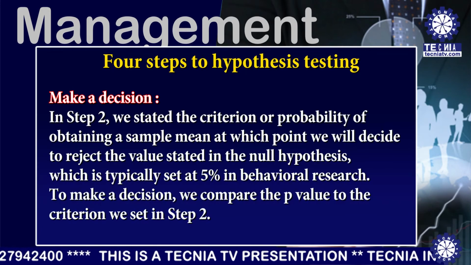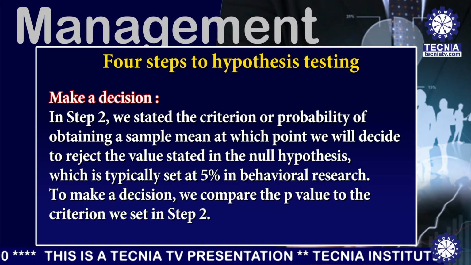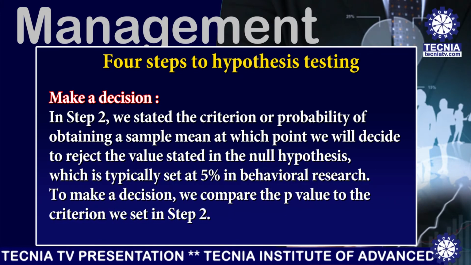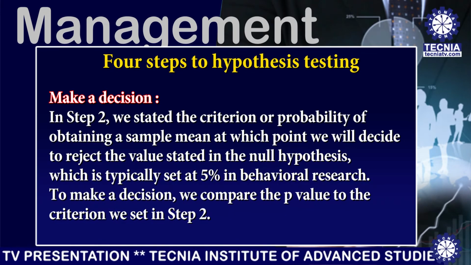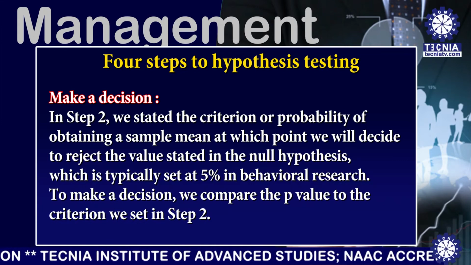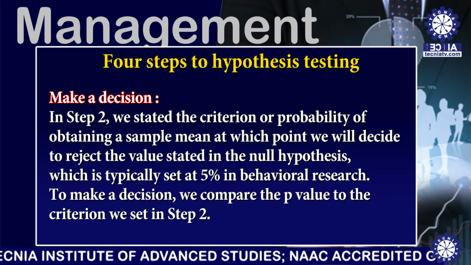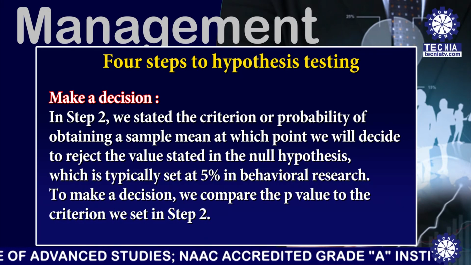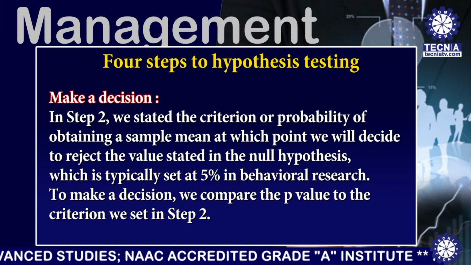In step 2, we stated the criteria, or probability of obtaining a sample mean, at which point we will decide to reject the value stated in the null hypothesis, which is typically set at 5% in behavioral research.